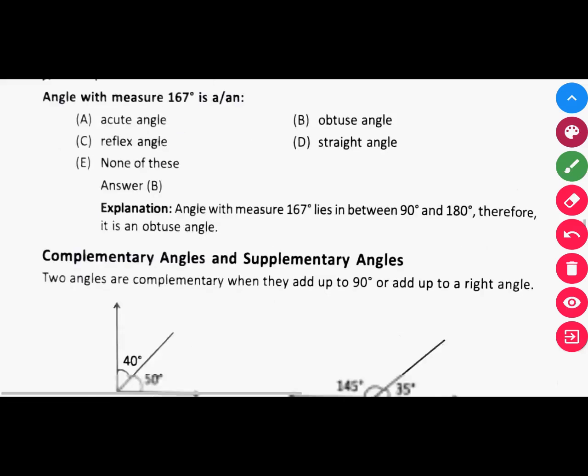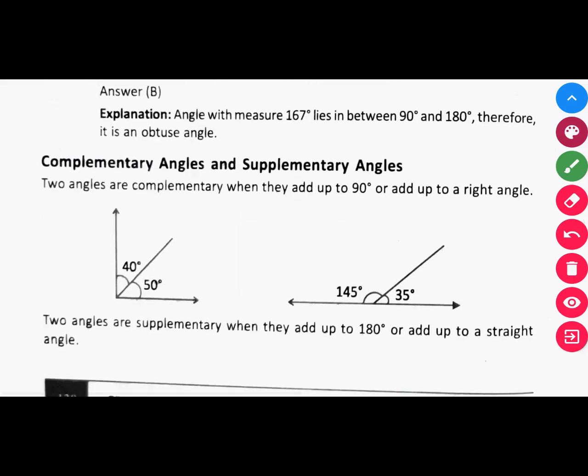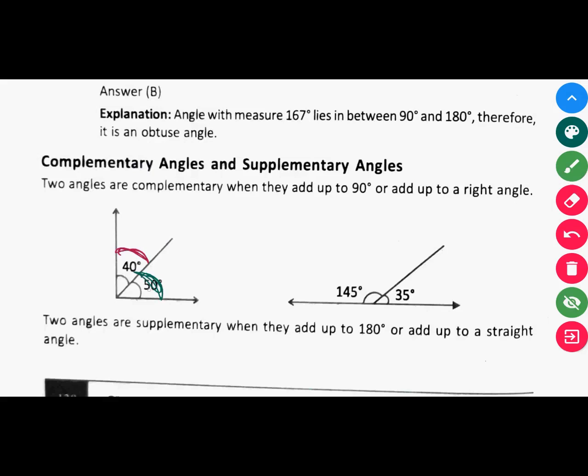Okay, now another classification of the angle is there: complementary angle and supplementary angle. So what is meant by complementary angle and what is meant by supplementary angle? In short, if the sum of two angles, meaning the addition of these two angles, is equal to 90 degree, then they are complementary to each other.